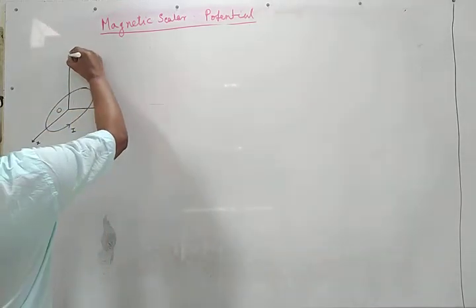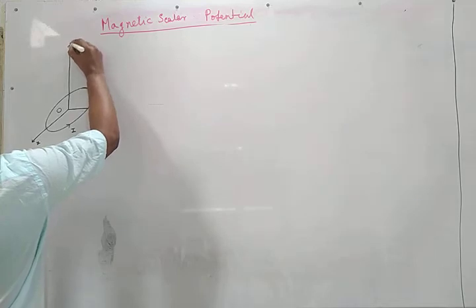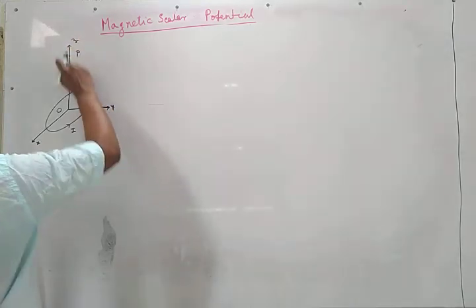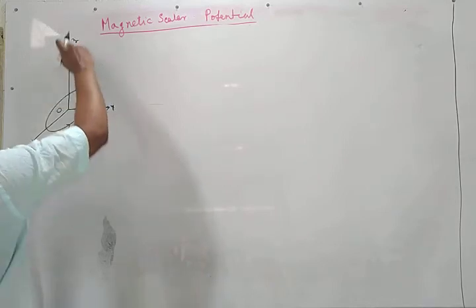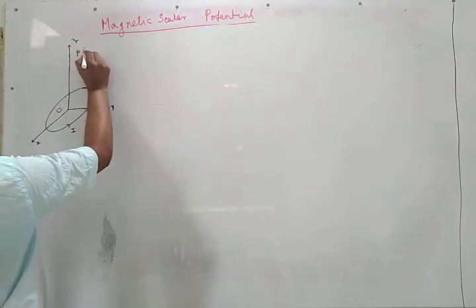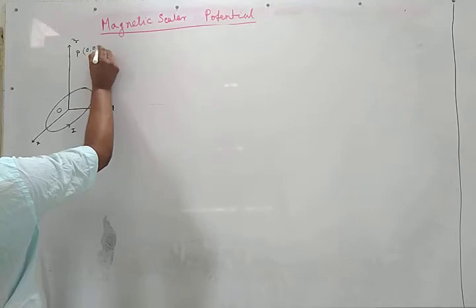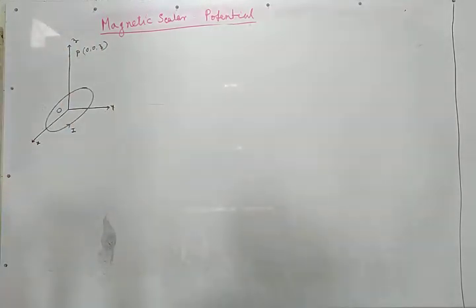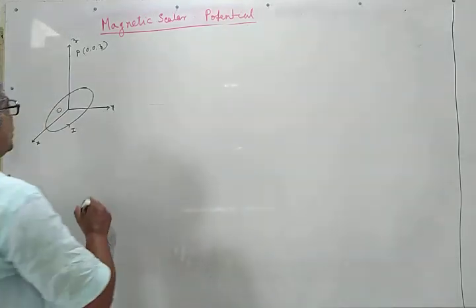Our aim is to find the scalar potential at a point on the axis. If this axial point is considered to be on the z-axis, then we are to calculate the magnetic scalar potential at P, and the current is flowing in the anti-clockwise sense.